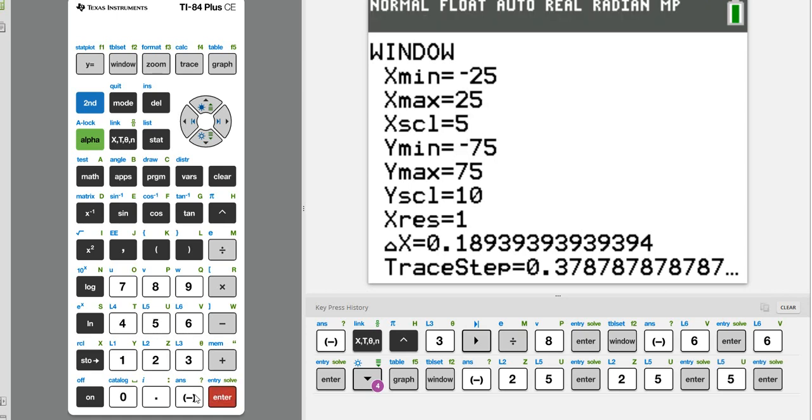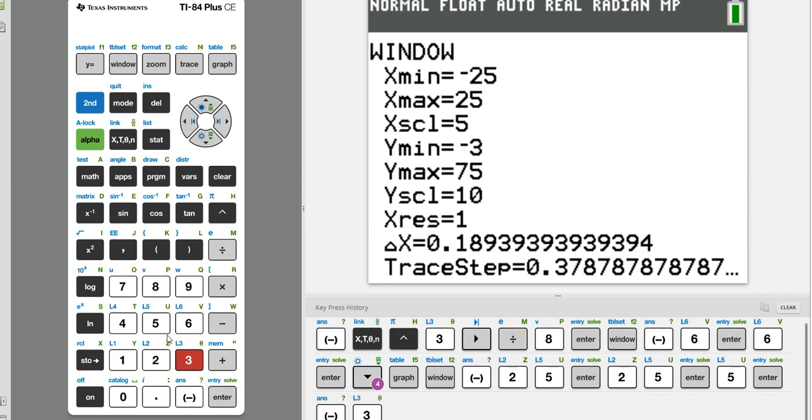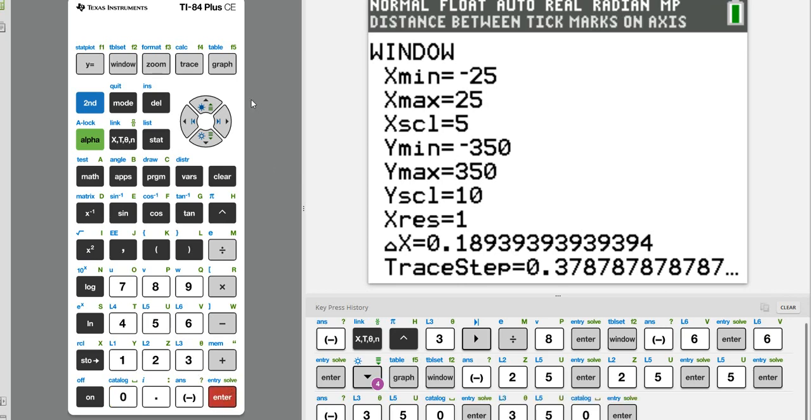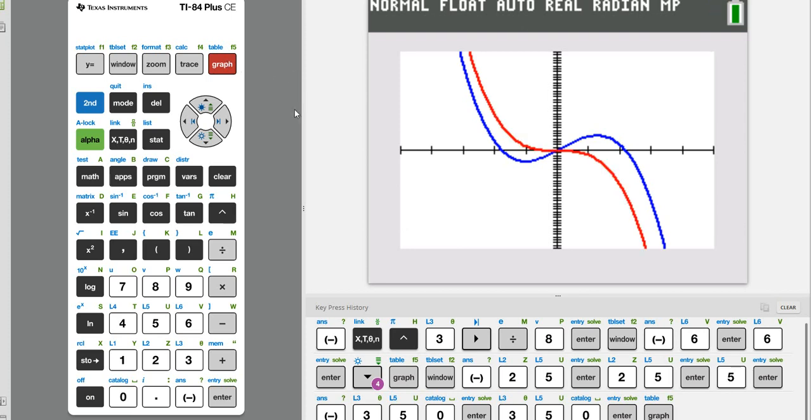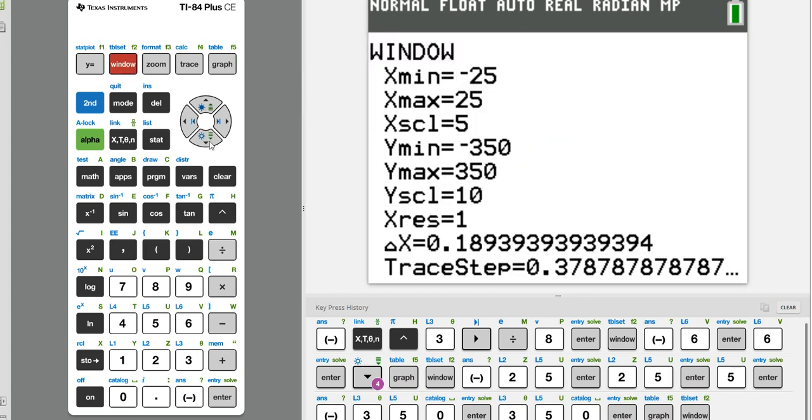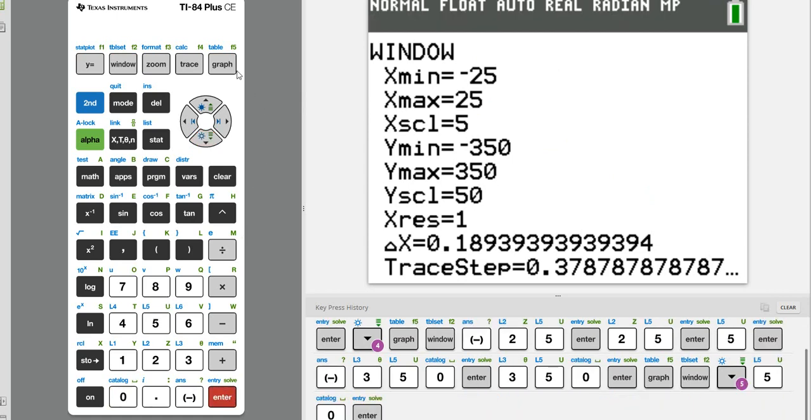On the y-axis, let me go from, say, negative 350 to 350. And now let's take a look at these graphs. I probably should have changed y scale, made it something a little bit bigger, like 25 or 50.